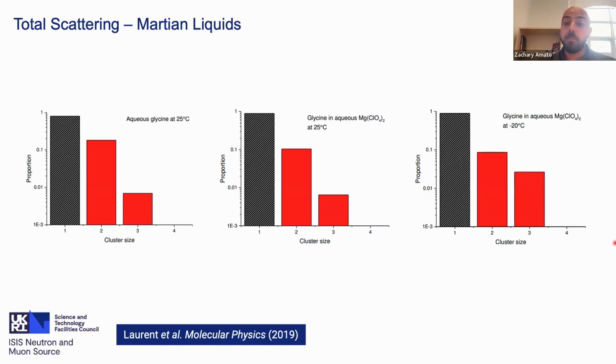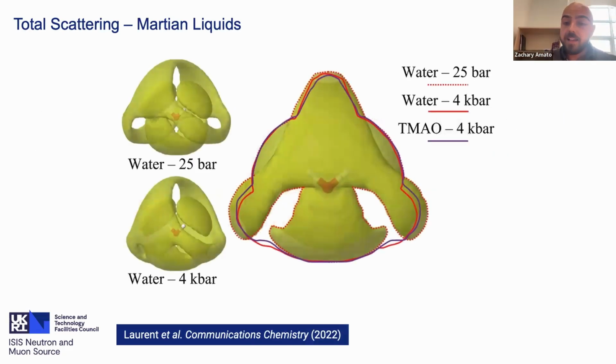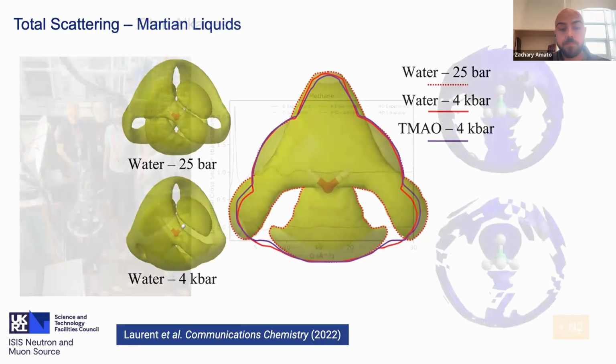So it seems that it is possible to have biological molecules forming in that Martian environment. Their last, more recent finding was that if you add an osmolyte, in this case TMAO, it seems that can undo the pressuring effect of this magnesium perchlorate on water. And that could then help prevent any damage to biological systems in these conditions.